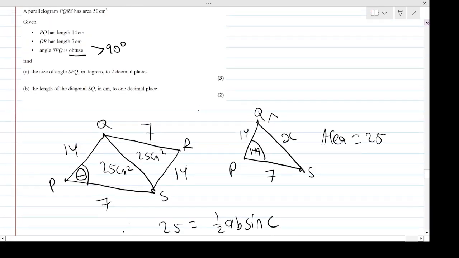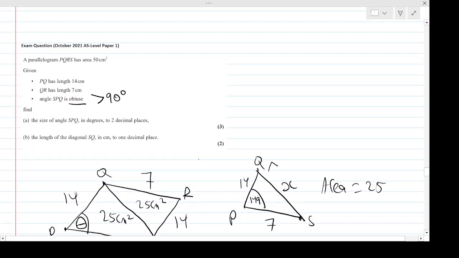Right, so that is everything to do with triangles done. I don't think we look at triangles again in the whole course actually for year one and year two.